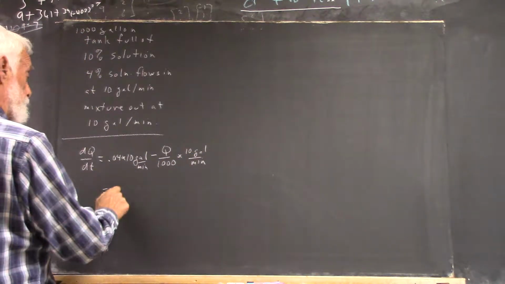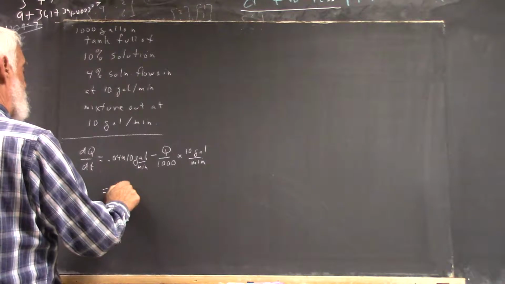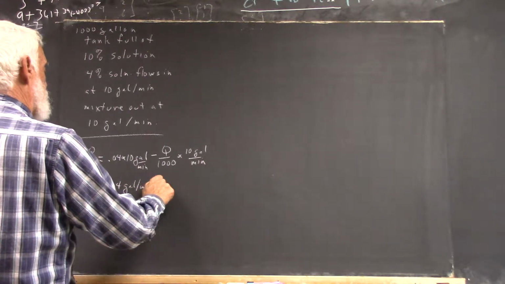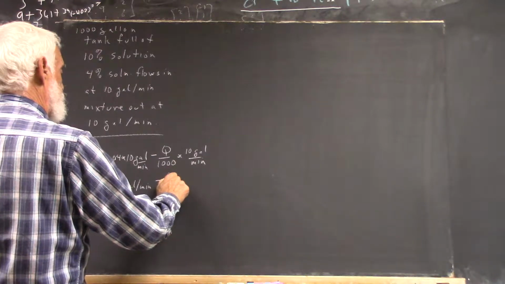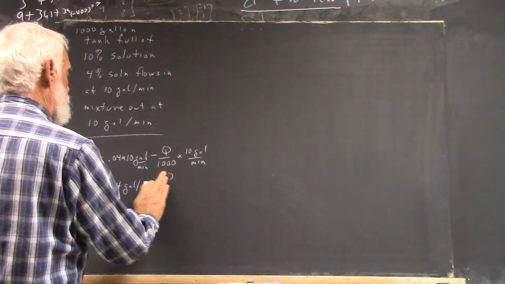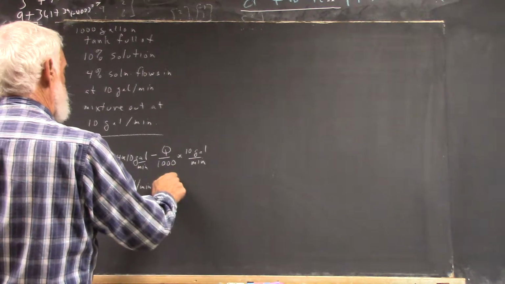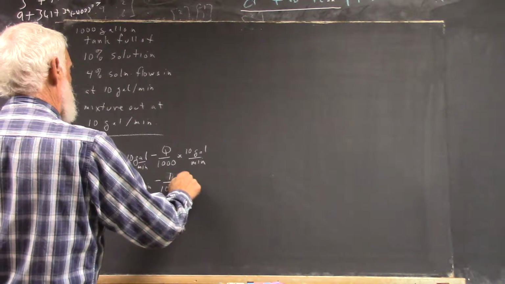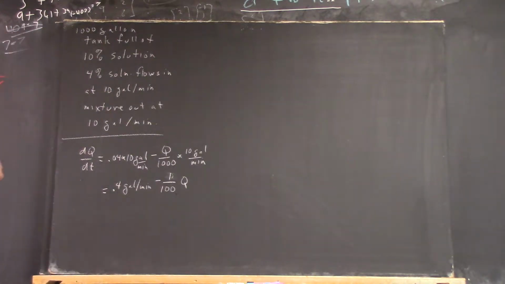And that equals 0.4 gallons per minute minus 1/100th q.